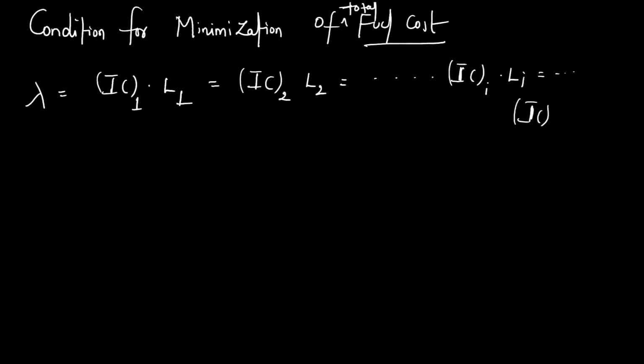Incremental cost of the ith unit multiplied by the penalty factor of the ith unit, and so on, up to the incremental cost of the nth unit multiplied by the penalty factor of the nth unit. So this is the condition when transmission losses are included and coordinated.